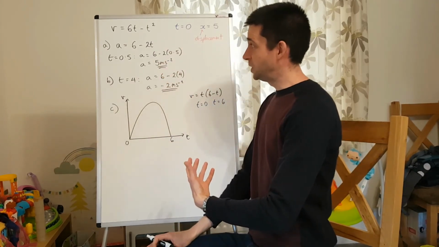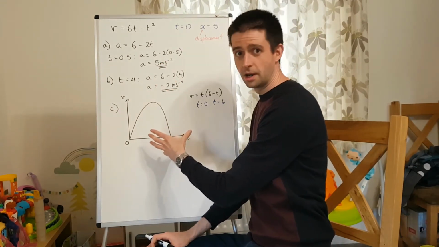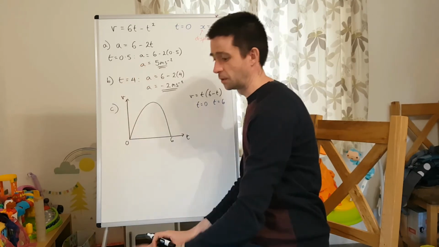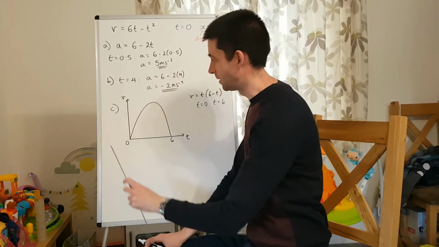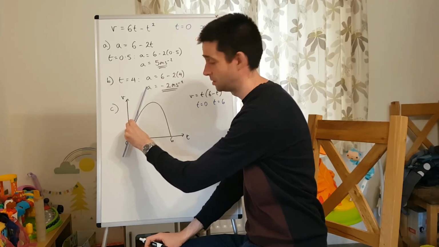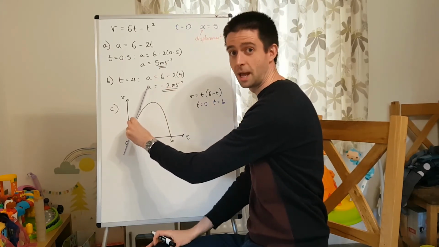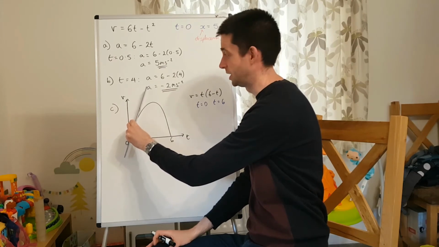Now let's just review our answers to part A and part B in the context of this graph. Part A, the acceleration when t is 0.5: if I place my ruler on the curve here and look at the tangent, the rate of change, I can see that I've got quite a steep positive gradient here. That gradient would be 5 because it's the acceleration at that point, the rate of change of velocity.